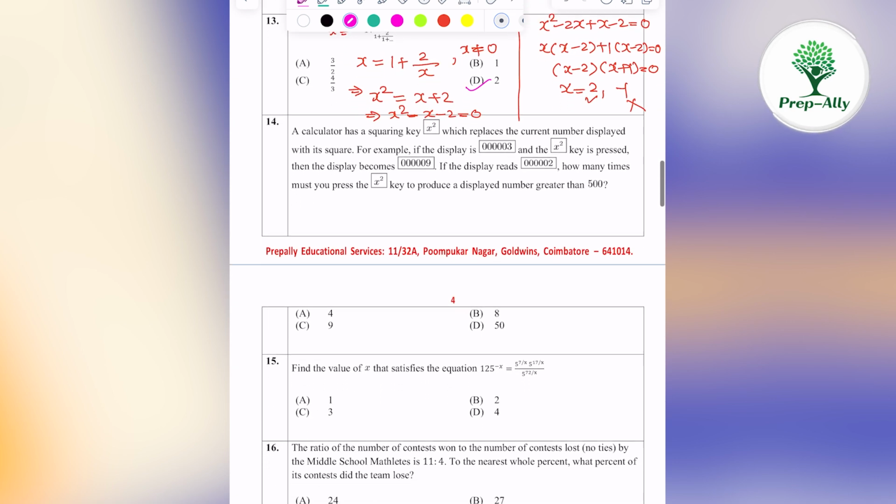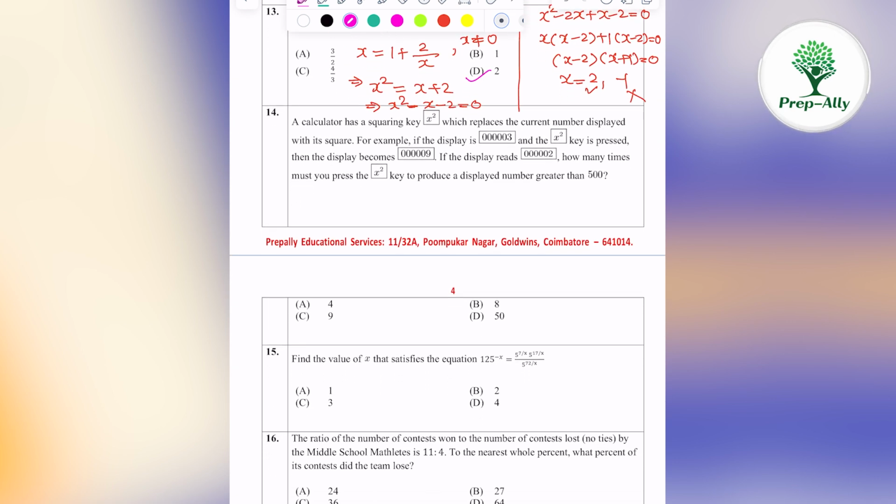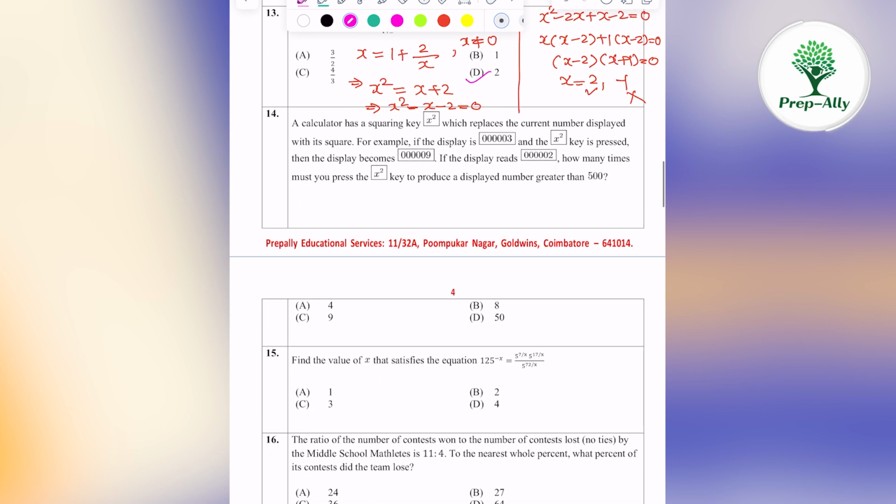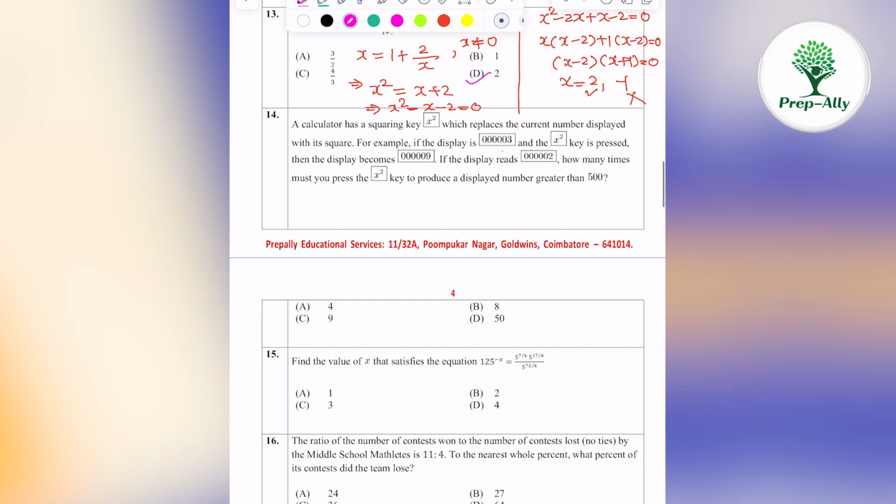Now the question number 14. This calculator has a squaring key which replaces the number displayed with its square. For example, if it displays 3, if you press the key x square, then it displays 9, basically the square of that number. In this question it is given, if it displays 2, then how many times do you press this key for it to display a number greater than 500.